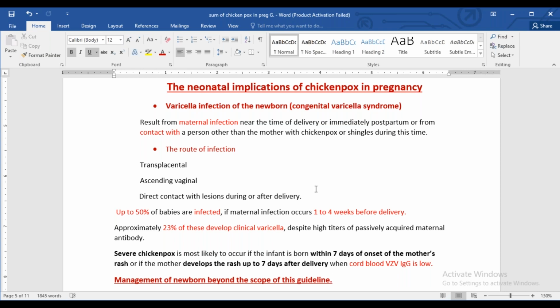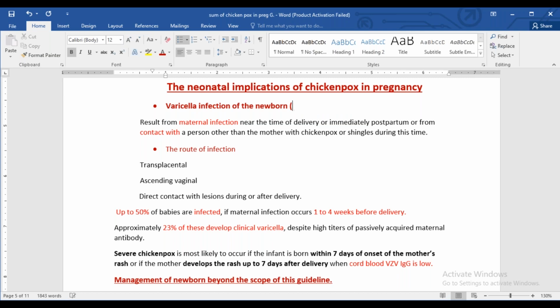And we have implications on the neonate, the newborn. We call it congenital varicella, an old name, or varicella infection in the newborn, congenital varicella syndrome. It's not congenital. Neonatal, no, it's just not the right one.